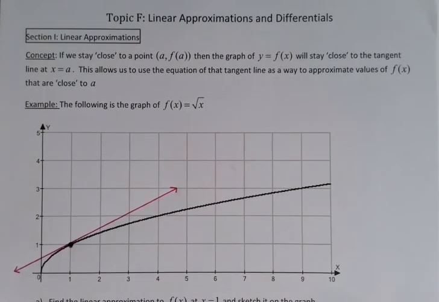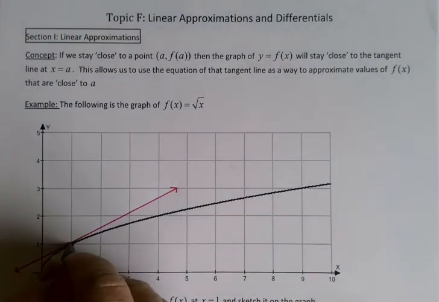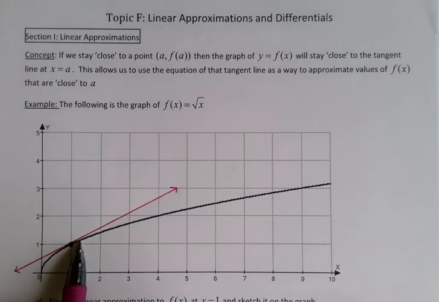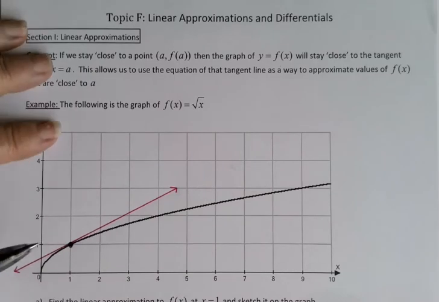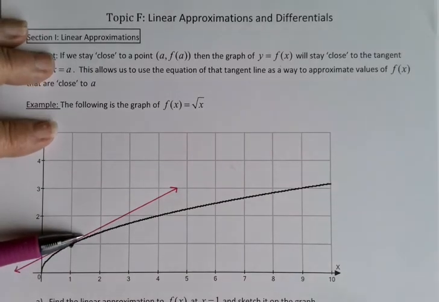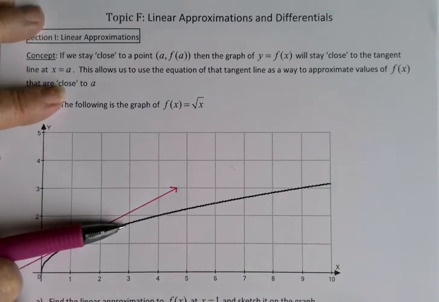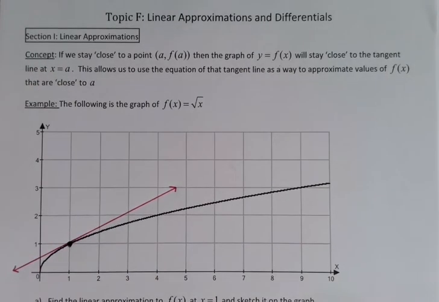Here's what that paragraph just said. If I stay close to the point of tangency, x equals 1, so I move over just a little bit, the actual y value on the curve is going to be very close to the y value on the tangent line, right? These are really close together. Now if I go further away, of course the y value on the curve and the y value on the tangent line will no longer be really close.